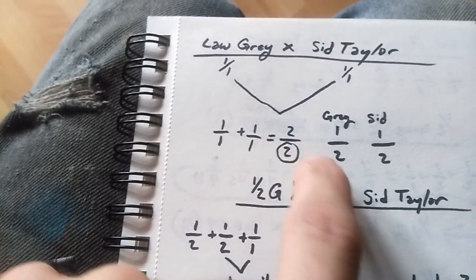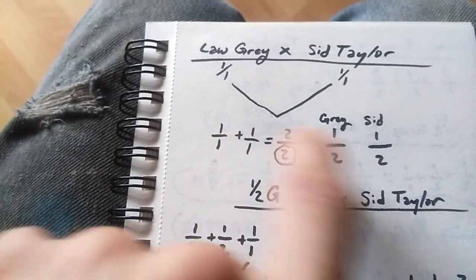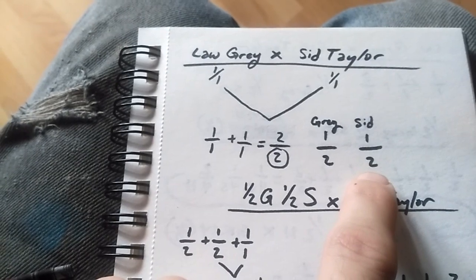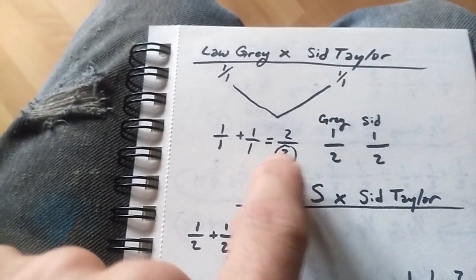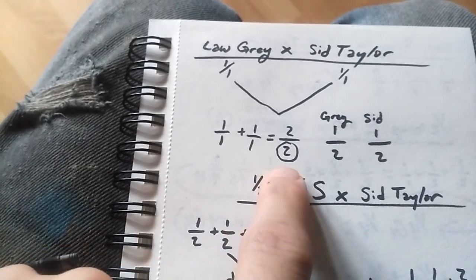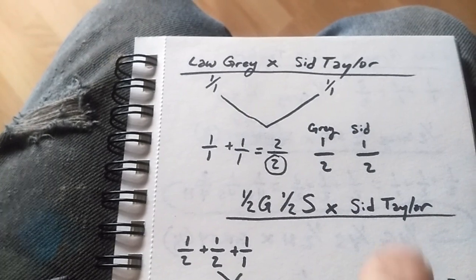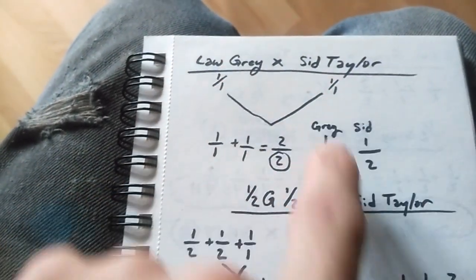You get 2, so your bottom number is going to be 2. Now your top numbers, they're not going to change here. So we've got a half gray, half Sid. And the easiest way to remember this bottom number is just think of it as how many direct ancestors that bird has. So right now your half and half bird has the father and the mother, so that's 2.